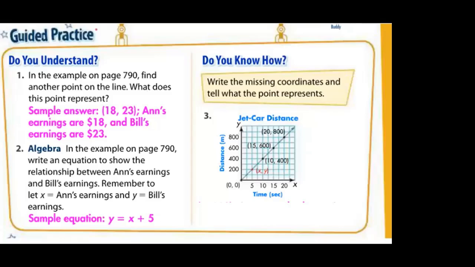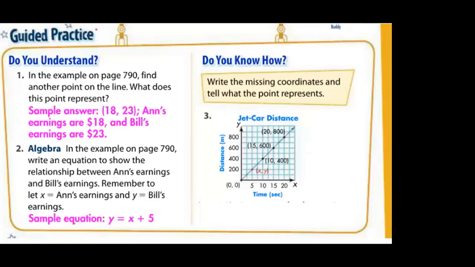He gives you 4 points, with 3 ordered pairs. The first one, 10 and 400, 10 on X, 400 on Y. 15 and 600, 15 on X, 600 on Y. 20 and 800, 20 on X and 800 on Y.